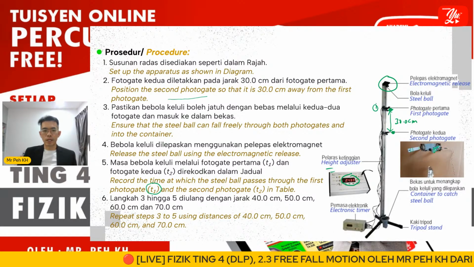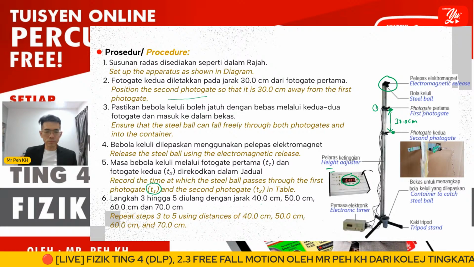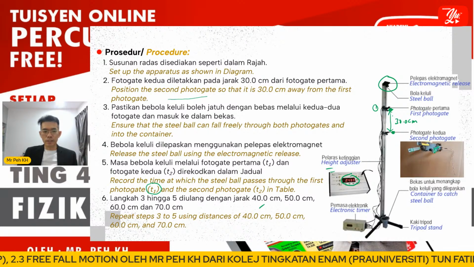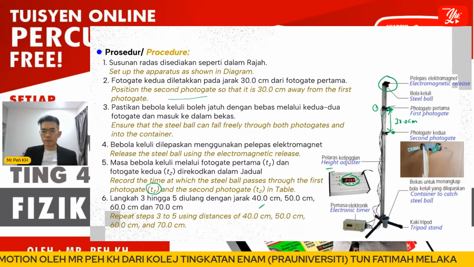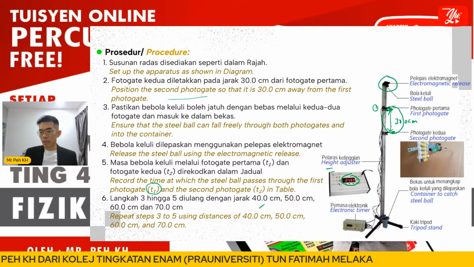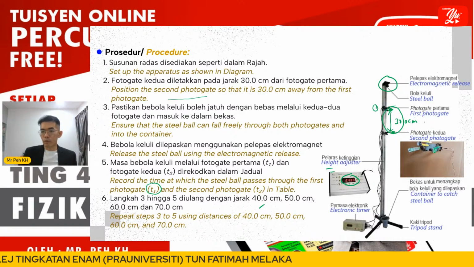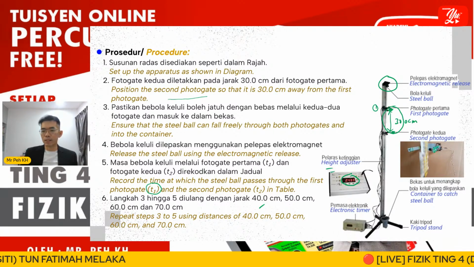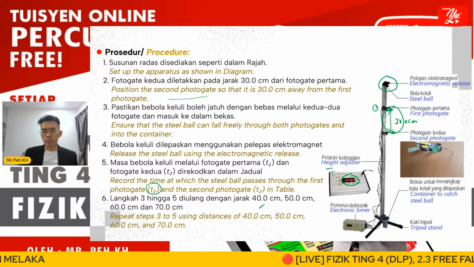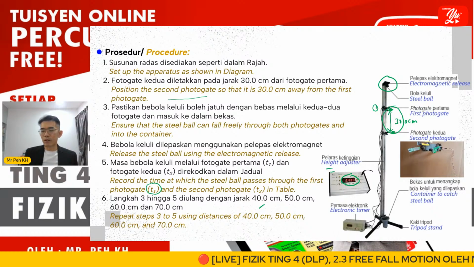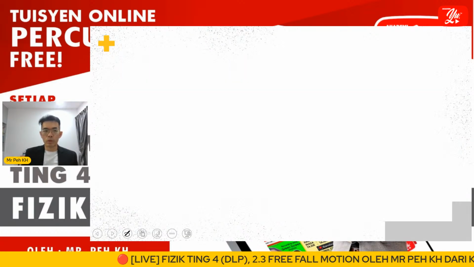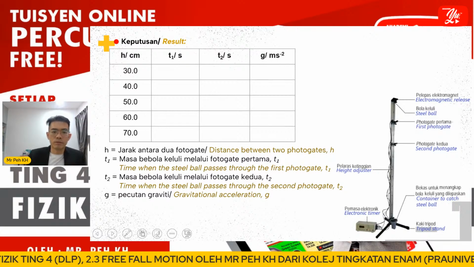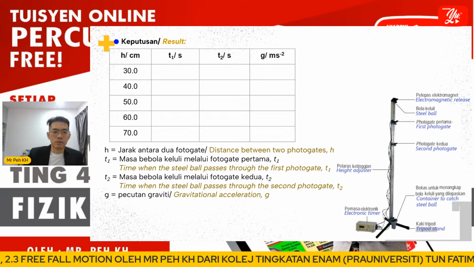This experiment is repeated with different distances. Next, we adjust the distance between the first photogate and second photogate to 40.0, 50, 60, and 70 cm. That means you will have another set of T1, T2 values. Here is the result we can get.